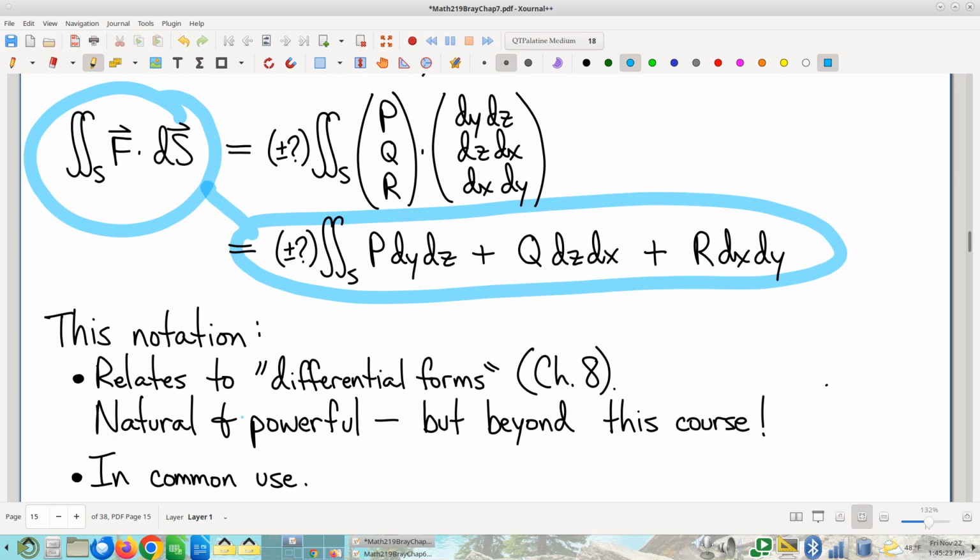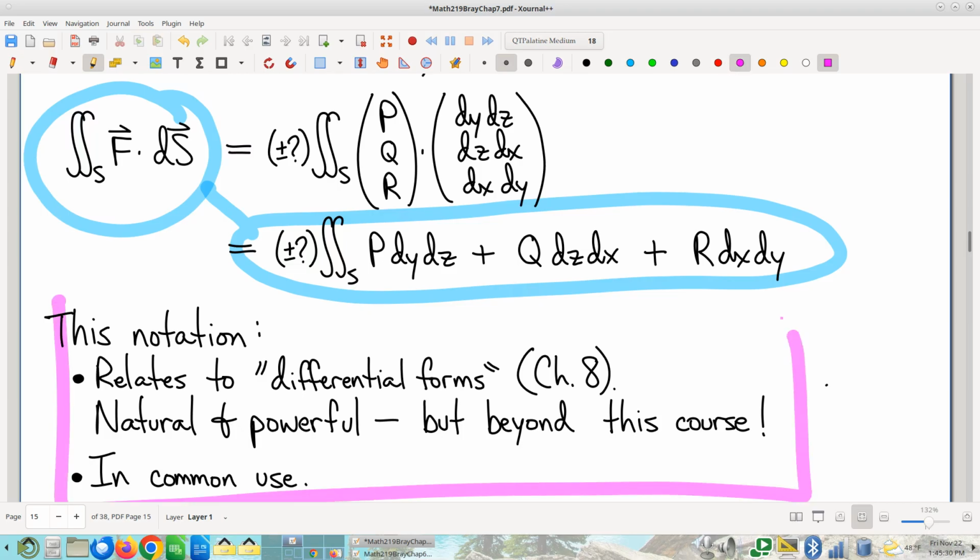And given what I've shown you, I'd have to agree with that. Absolutely. That said, all of the same comments come with this notation as came with coordinate line integrals. Namely, this is a special case of some really heavy stuff. There are excellent, powerful reasons to want to do this. We're not going to see them in this course.